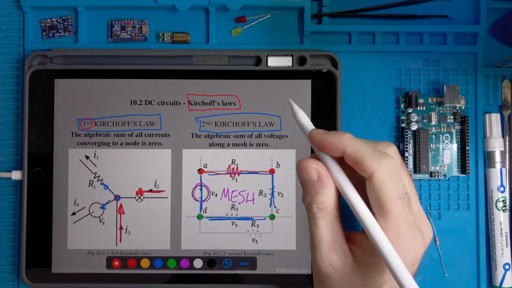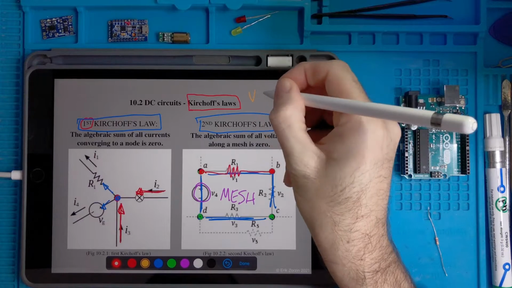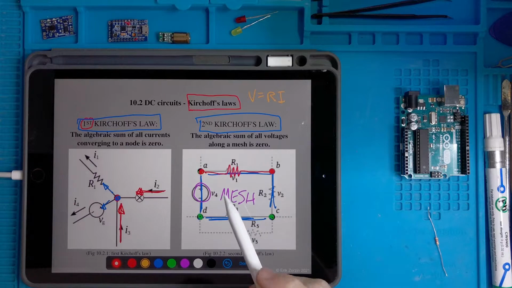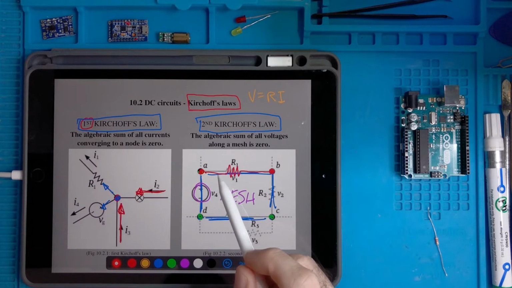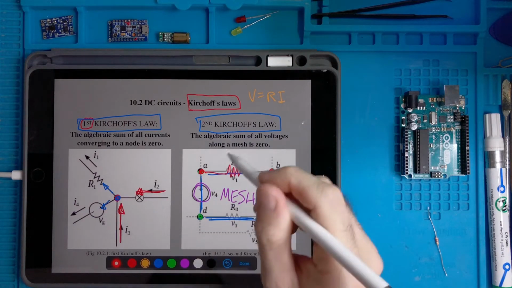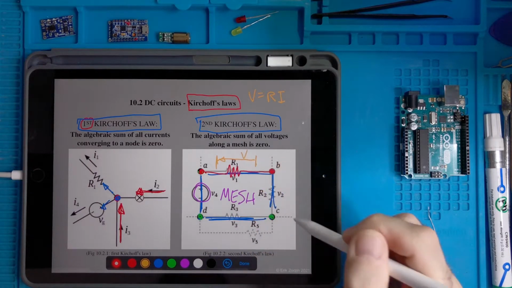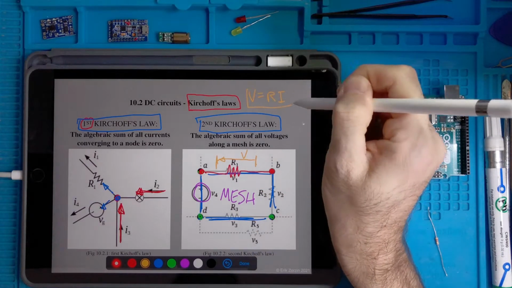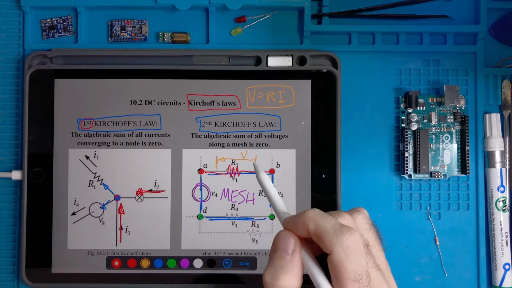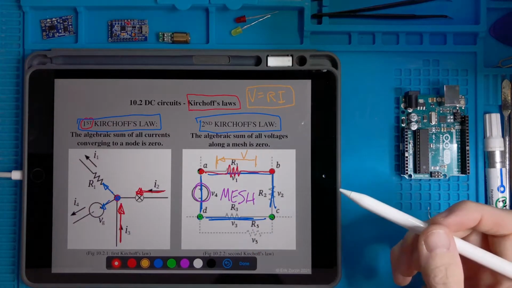For the resistor we have a model, which is Ohm's law, which tells us that V equals R multiplied by I. So if I know the current flowing in a resistor, I can calculate the voltage drop across it by using Ohm's law. I can use it also vice versa. If I know the voltage drop, I can calculate the current flowing in the resistor.